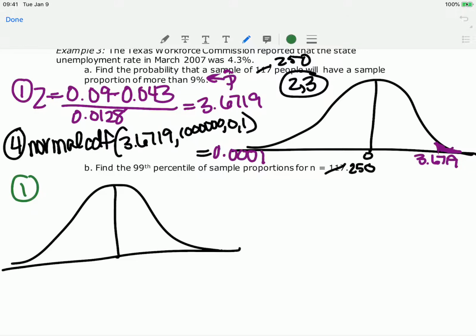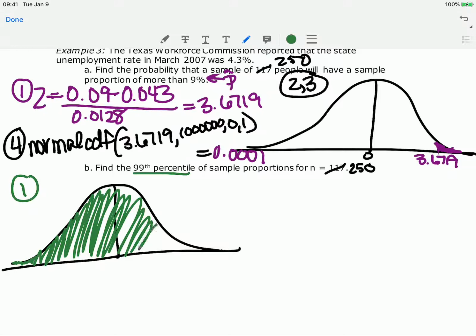So a percentile means the probability or the percentage less than the value. So 99th percentile means I'm going to shade 99% of my graph. So almost all of it. I'm going to stop right there.